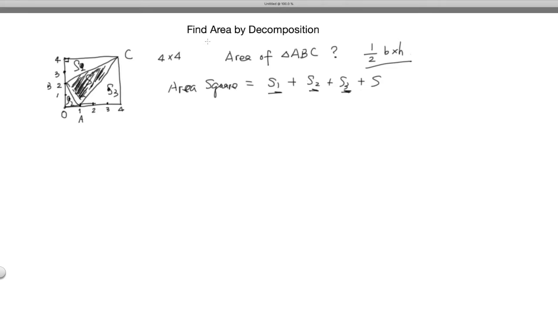This is the technique called find area by decomposition, and implicitly by doing subtraction. So the S of the shaded area, or the S of triangle ABC, is going to be the total area of the square, which is 4 times 4, minus S1 plus S2 plus S3.